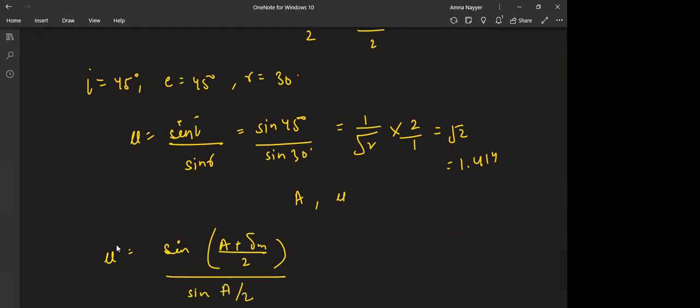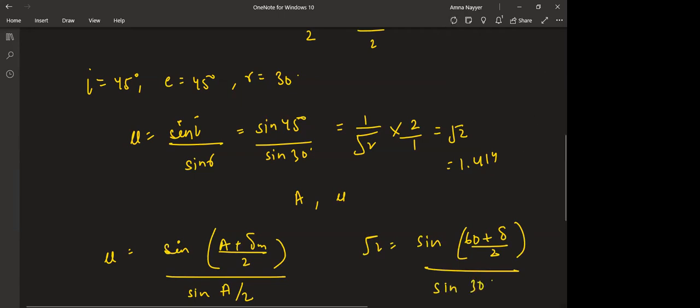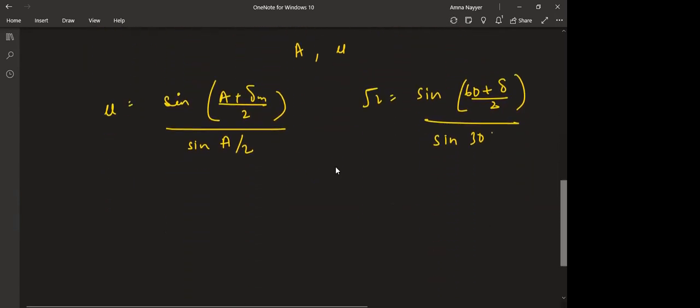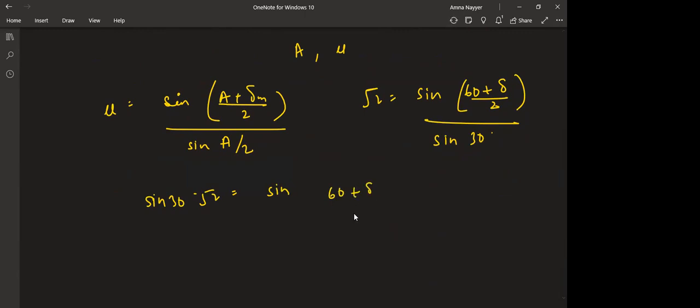Directly use this formula. You have this as root 2, sine A is given as 60 degrees, delta is unknown, divided by 2. This is sine 30 degrees. You already have this. So you can directly write down, cross multiply, sine 30 degrees into root 2 is equal to sine (60 plus delta) by 2. Fine. Directly you can write like this.